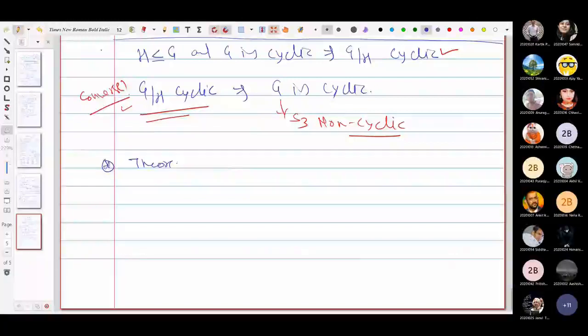Let ZG be the center of G, and such that G by ZG is cyclic, then G is Abelian.